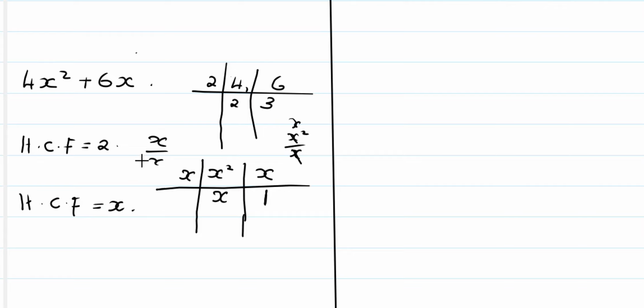For the numerical values, we had 2, and for the algebraic values, we have x. So we take the one for the numerical, which is 2, and multiply by the one for the algebraic, which is x, and now it becomes 2x.